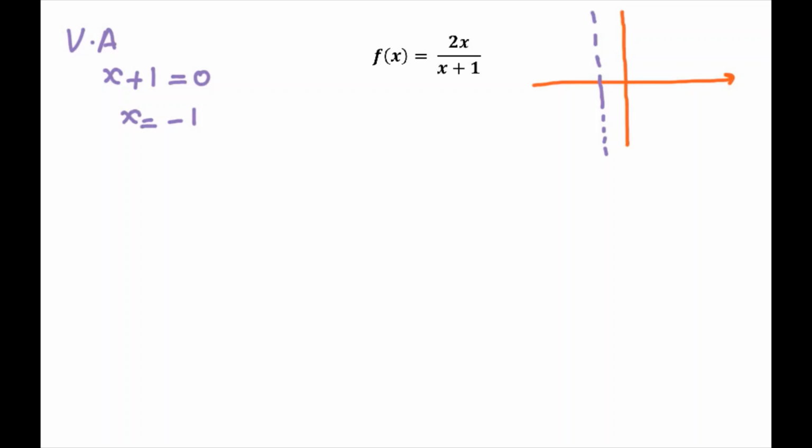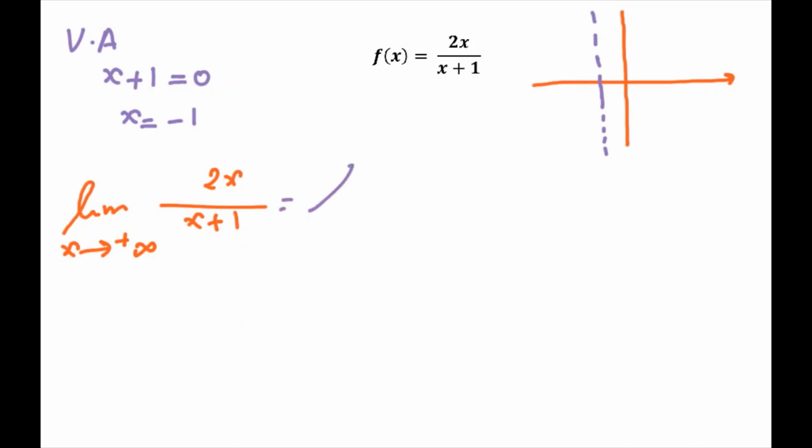Now, we can find the limit as x approaches positive infinity for this function, and we can do this really quick. By looking at the degree of the numerator and the degree of the denominator, we will notice that this is 1 and this is 1. They are equal. So when they are equal, by dividing 2x over x, we get 2. So at y equal 2, we do have a horizontal asymptote.